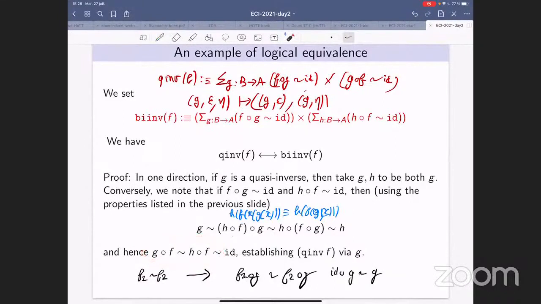By transitivity of homotopies, another property to be proved, finally, I get a proof that G composed with F is homotopic to the identity.